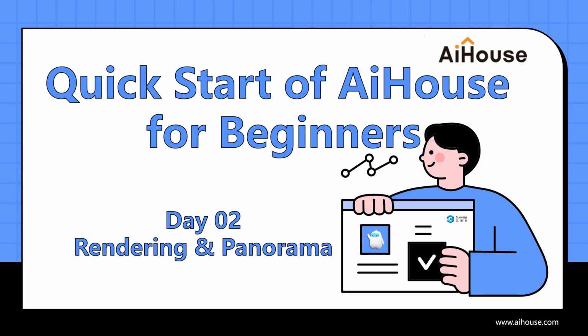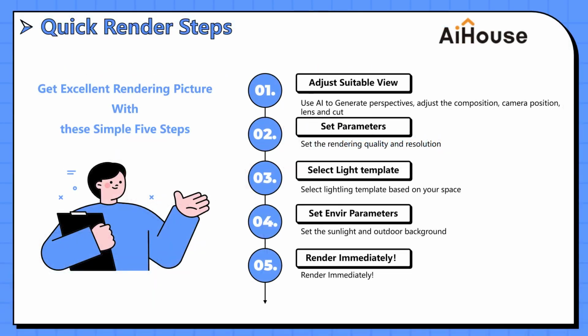So today is day 2, so we are going to start our section 2 part and also the last part. And in this section, we are going to talk about the rendering and panorama. For the rendering part, in the previous video, we shared this quick render set.